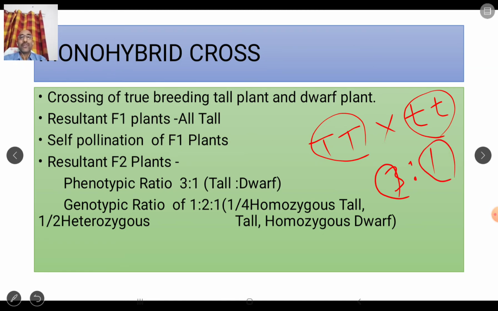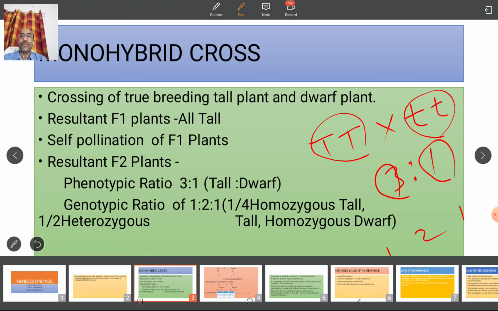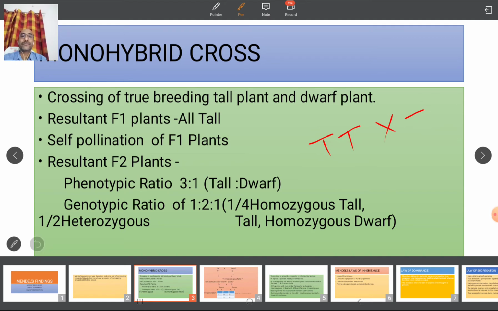And when we take into account the genetic composition of those plants, he got them in the ratio of 1:2:1. Got it? So this is what he got. Now let us come to the next slide. Here we would be able to know what he found.